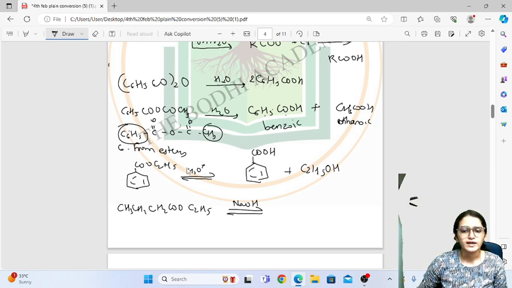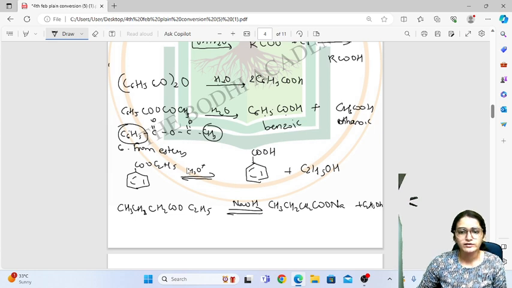But if you take NaOH as a reagent, as a medium, then we are not getting the carboxylic acid directly. Here first we are getting CH3 CH2 CH2 COONa plus C2H5OH.